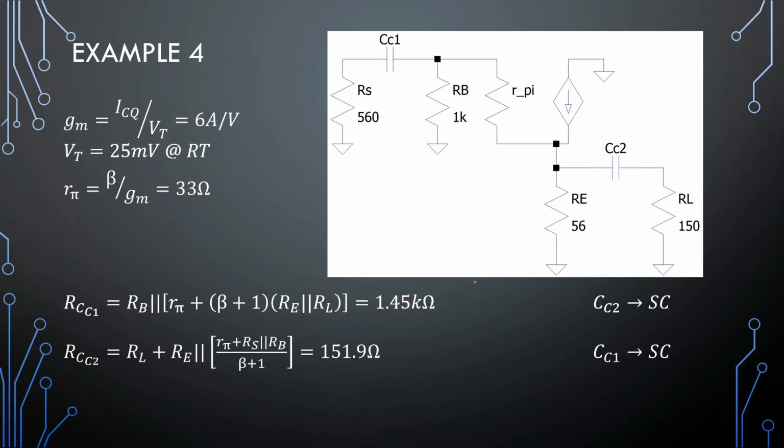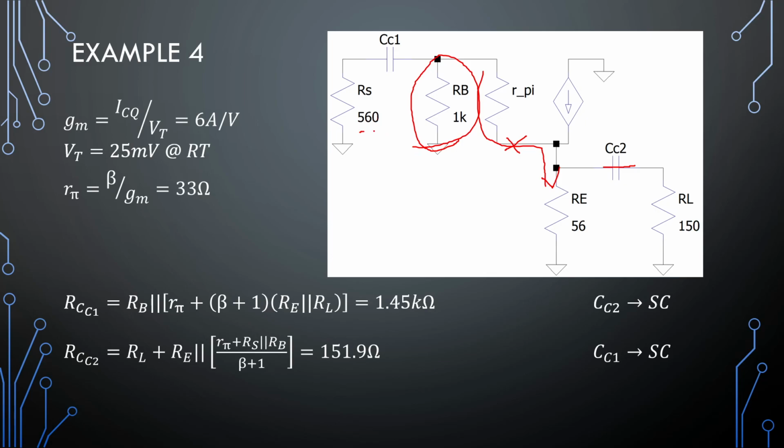And let's have a look at our model with the capacitor. So let's start with CC1. CC2 will be a short. And looking in here, we see these two in parallel now, multiplied by beta plus 1, plus R pi in parallel with RB.